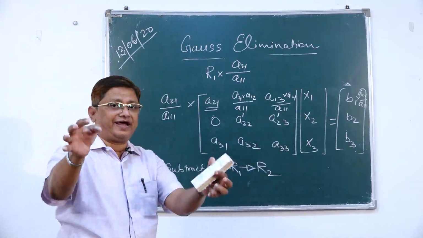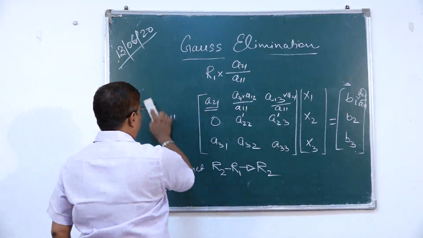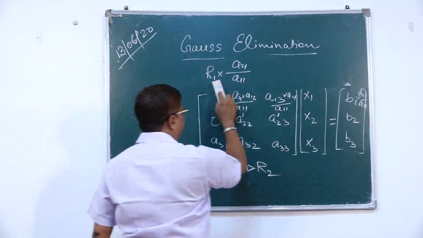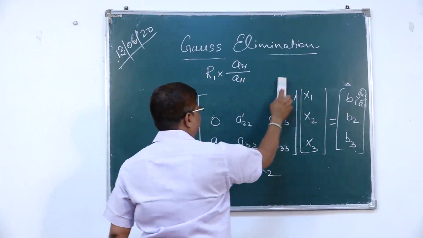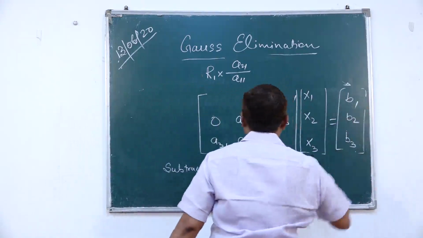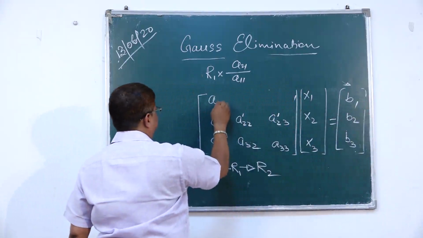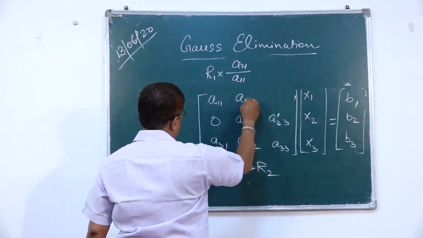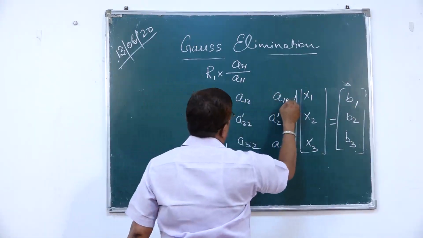Again rewrite the first equation. The multiplication and division will be replaced, and again rewrite the original equation: A11, A12, A13.